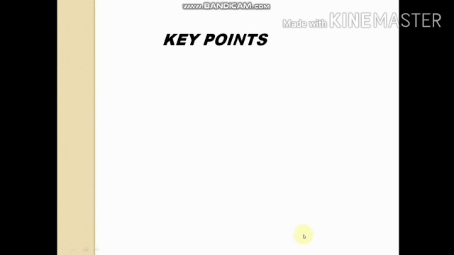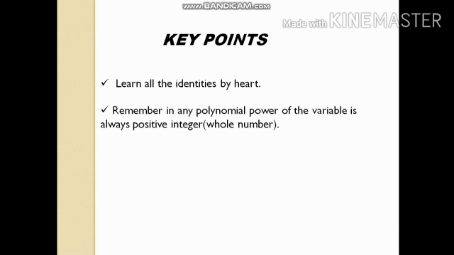So student, there are a few key points you have to keep in your mind. First, learn all the identities by heart. With the help of these identities, you can find the expanded form of an algebraic expression. You can even factorize the algebraic expression also.